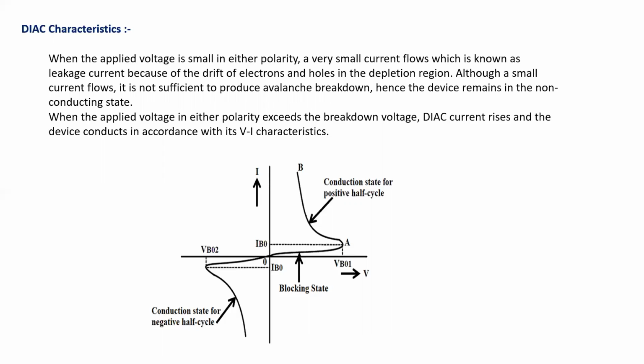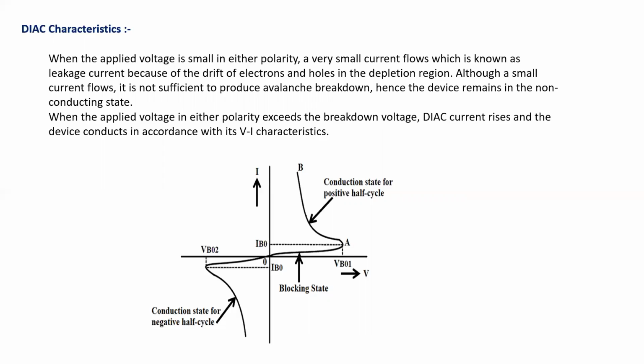Now let us see here. In the first quadrant, VBO1 indicates the positive breakover voltage, and after this breakover voltage there is a sudden drop in the voltage across the DIAC. Similarly, in the third quadrant, VBO2 is the negative breakover voltage of the DIAC.